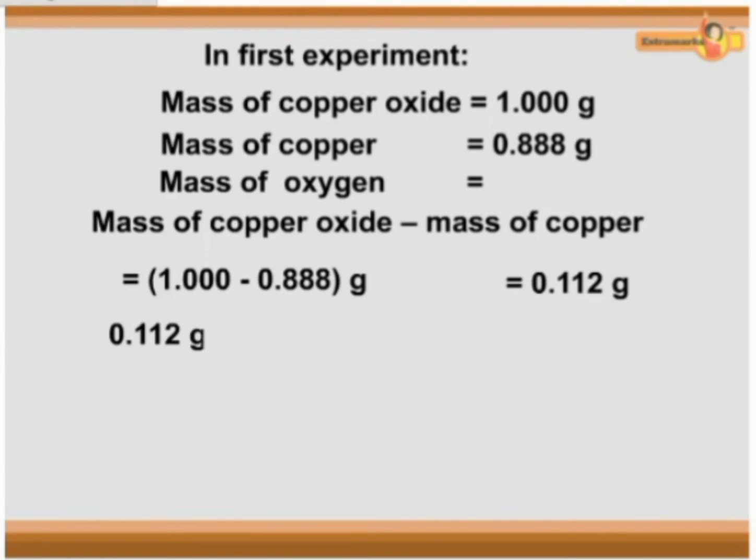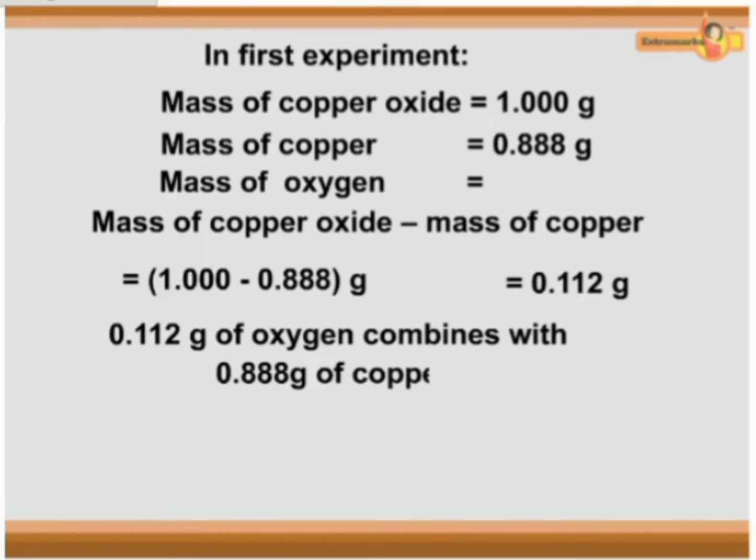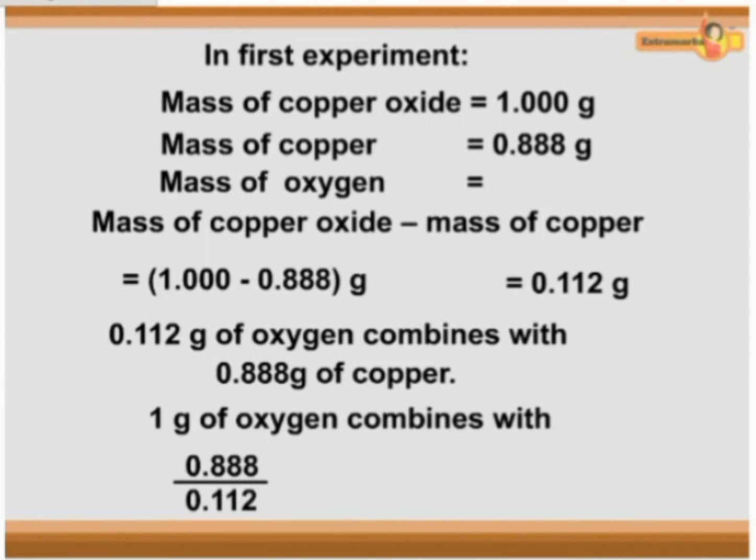It means 0.112 gram of oxygen combines with 0.888 gram of copper. To calculate the amount of copper that combines with 1 gram of oxygen, find the mass of copper upon mass of oxygen, that is 0.888 gram upon 0.112 gram equals 7.93 gram.